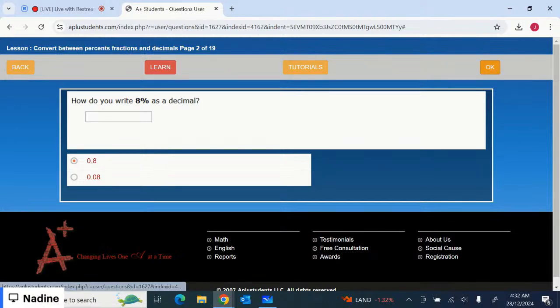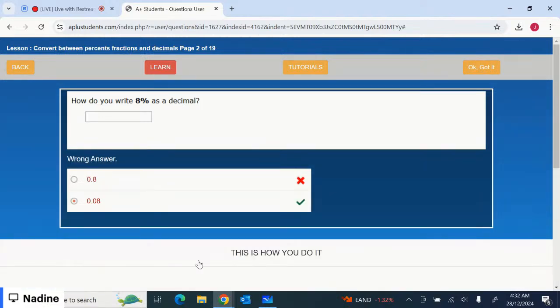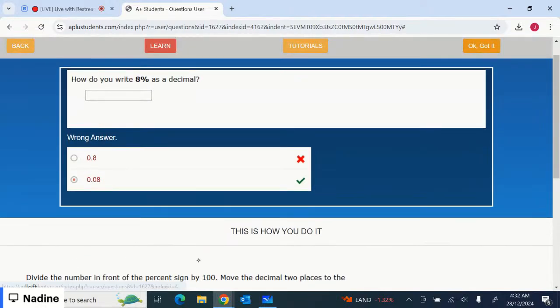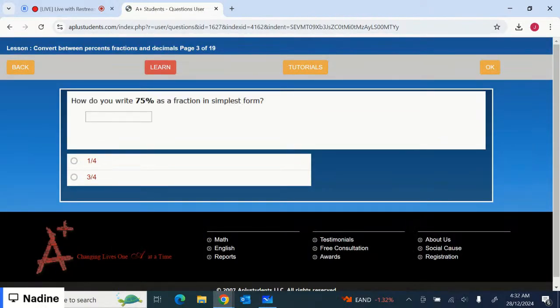You need to divide it by 100. 8 by 100 is, sorry, 0.08, not 0.8. When you divide it by 100, that would be 0.08.